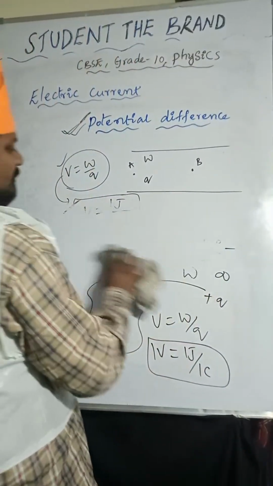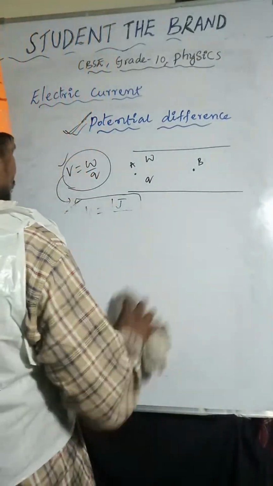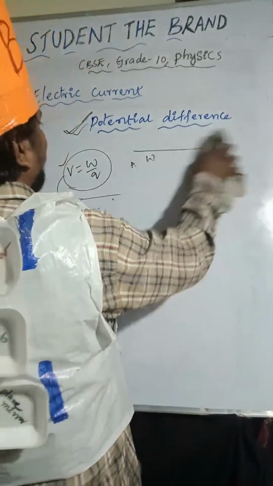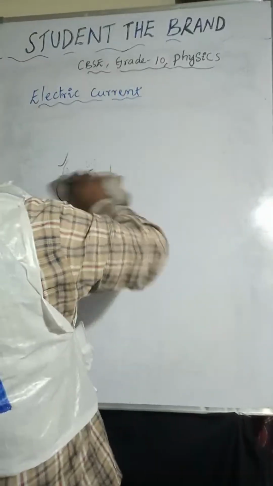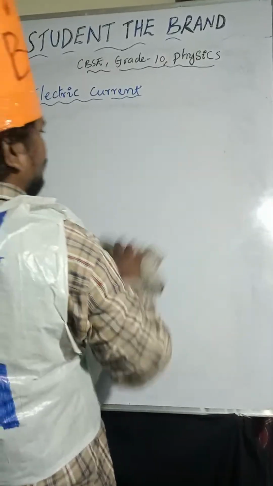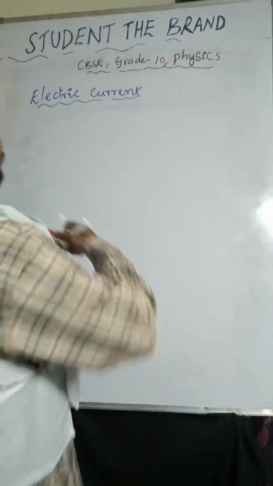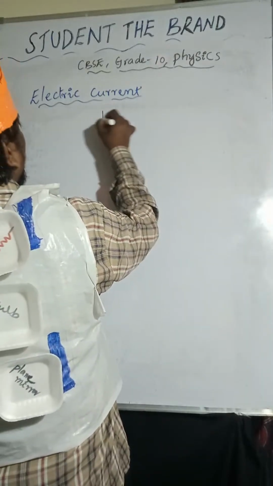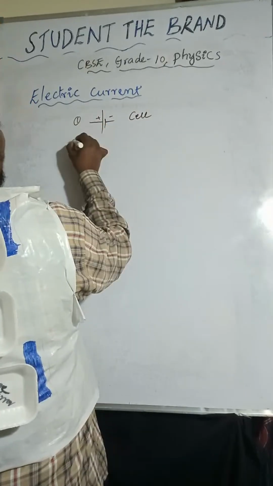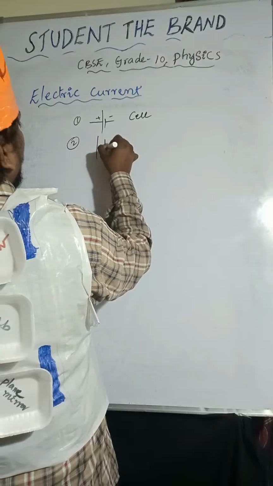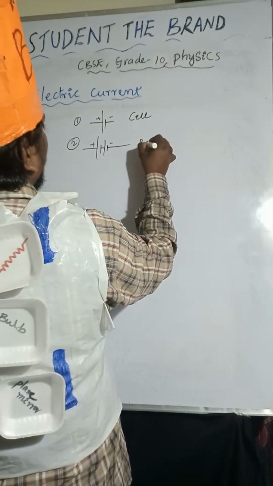Next we'll discuss electrical elements, that is cell, battery, switch. We'll discuss all those points. Now we can see cell and battery. So this is a cell, positive terminal, negative terminal. The second one is a battery, positive terminal, negative terminal.